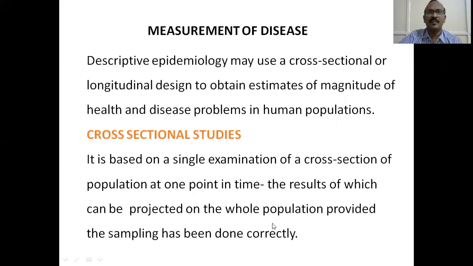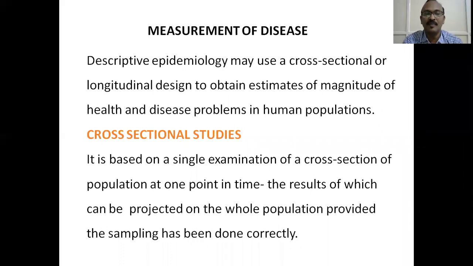The other important factor in descriptive epidemiology is measurement of disease. It is imperative to understand that we should know the amount of disease load, or the amount of disease, that is present in a particular area, community, or region.